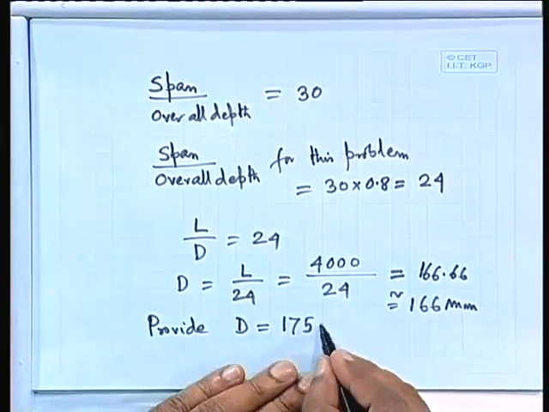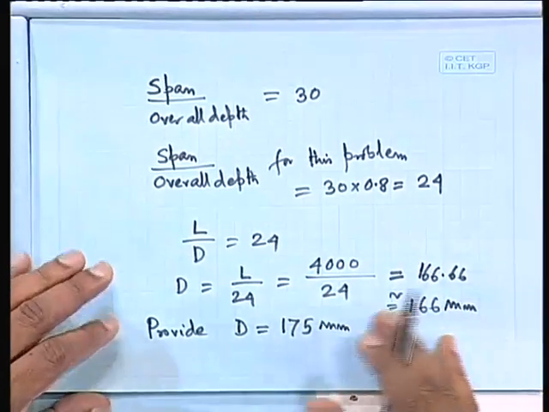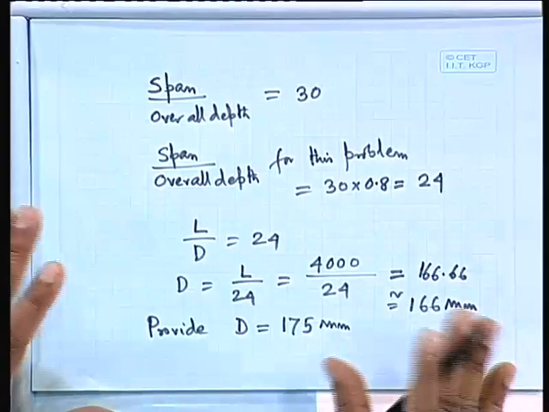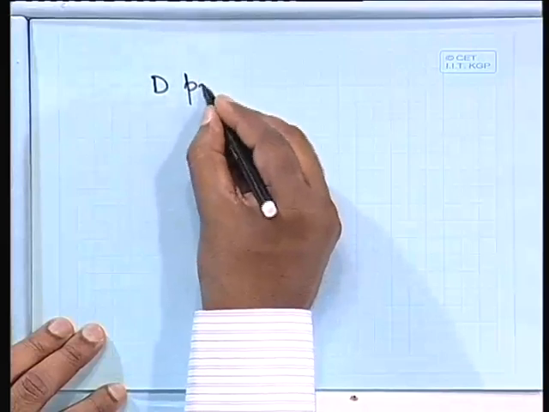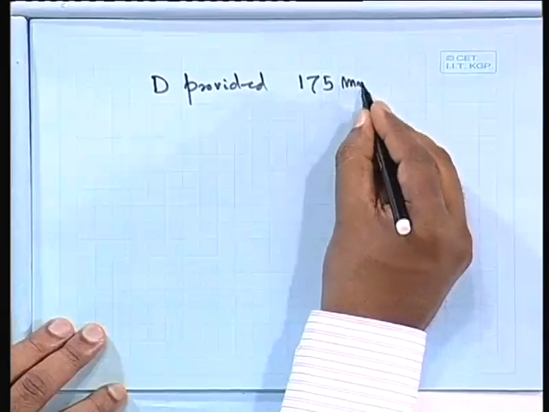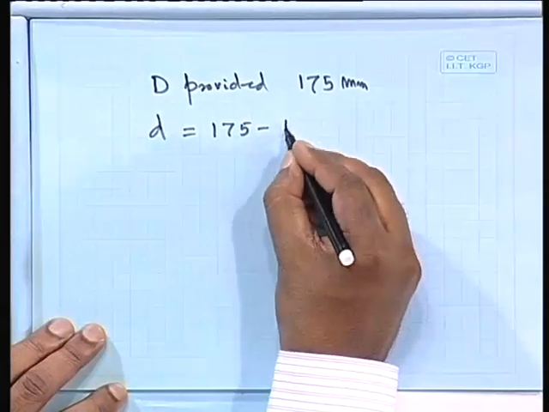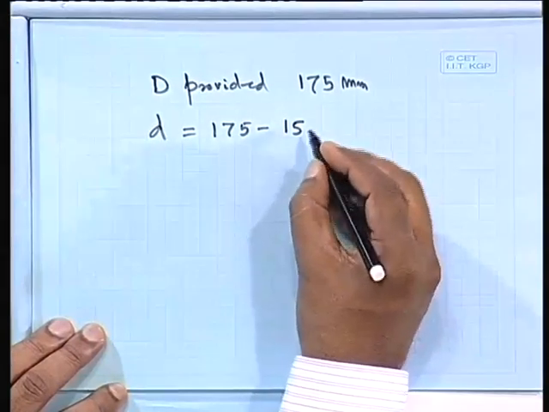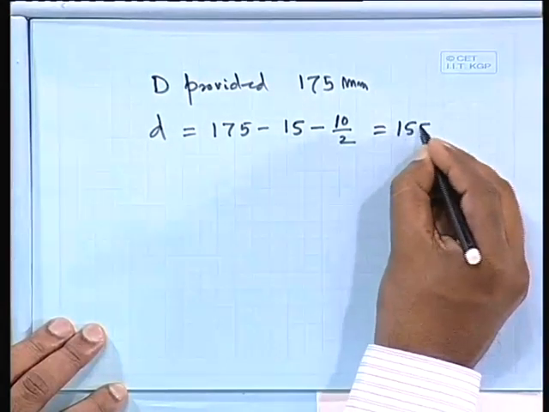This is quite high. Generally in this type of slab, from our experience you will find it should be 150 may be sufficient. But anyway, let us take for the first problem D equal to 175 millimeter. So D provided is 175 millimeter. So effective depth should be equal to 175 minus clear cover 15 for mild exposure, minus 10 by 2, which comes as 155 millimeter.